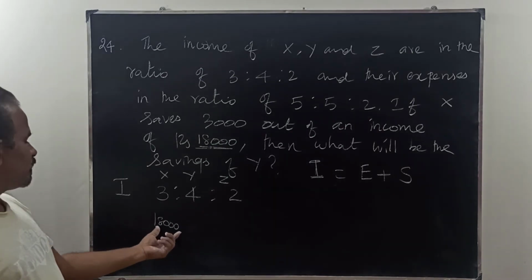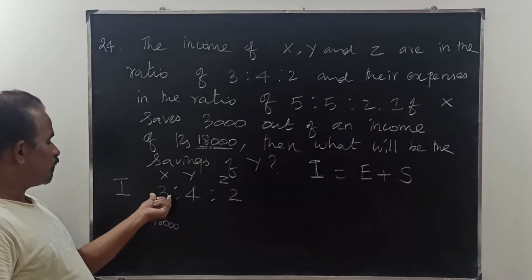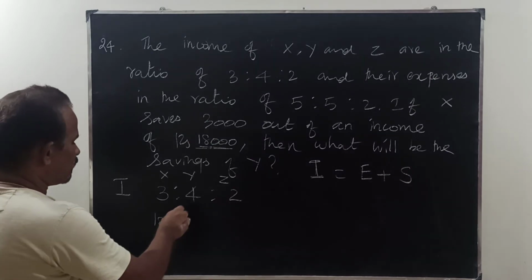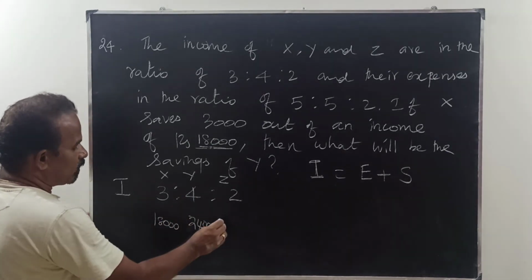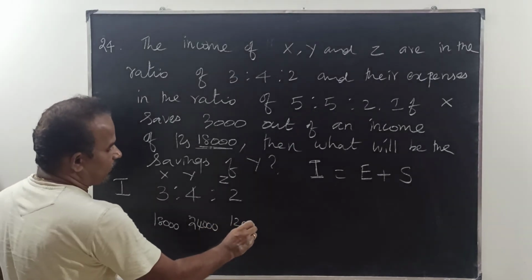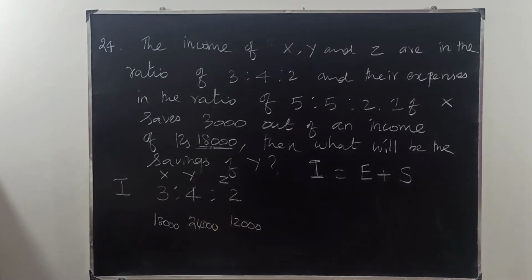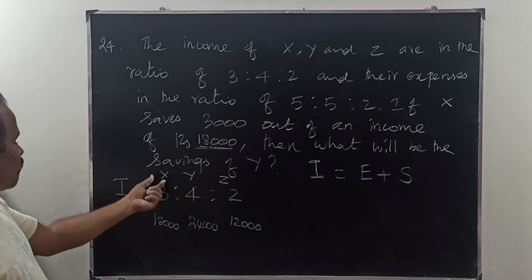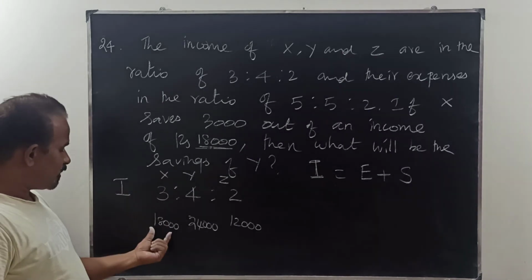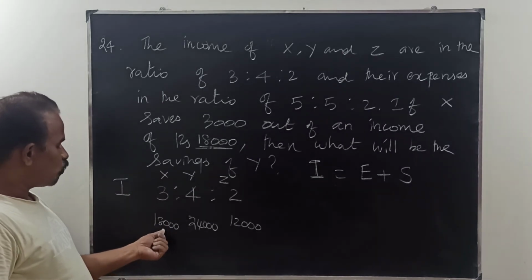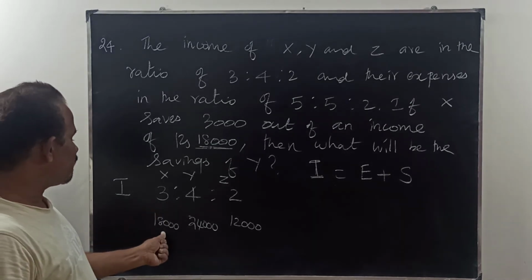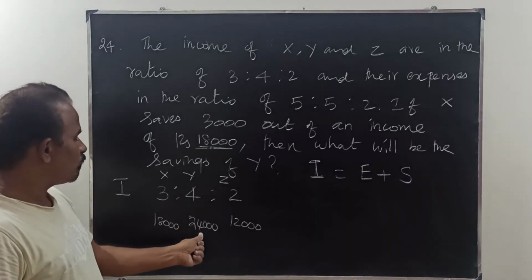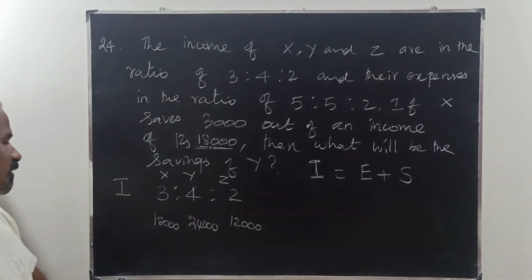This 18,000 is 3 parts, 3x. Therefore, x is equal to 6,000. So this is equal to 24,000, and this is 12,000 income. Clear? 3 parts is 18,000. What is 1 part? 1 part is 6,000. So here is 18, here is 4 into 6, 24, here 2 into 6, 12. Very simple.